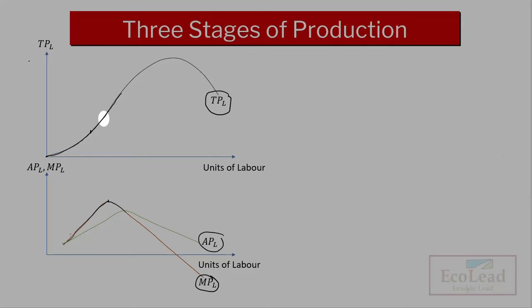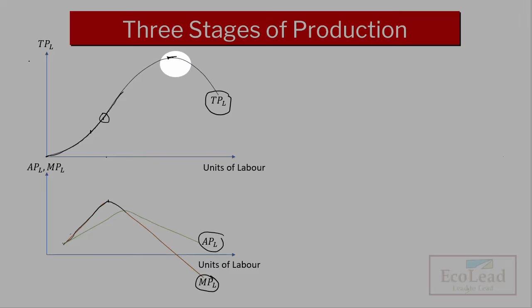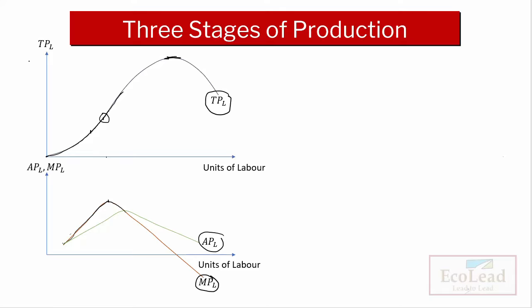After this point, which we call the point of inflection, the total product curve increases, but at a decreasing rate. And once we reach the stage where the total product is maximum, at that point the corresponding value of the marginal product is also 0.